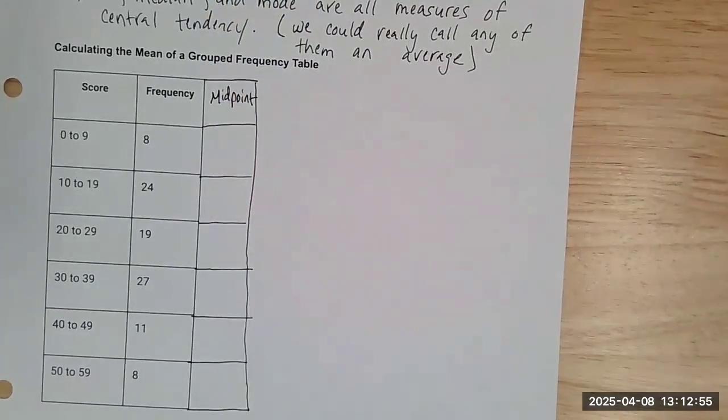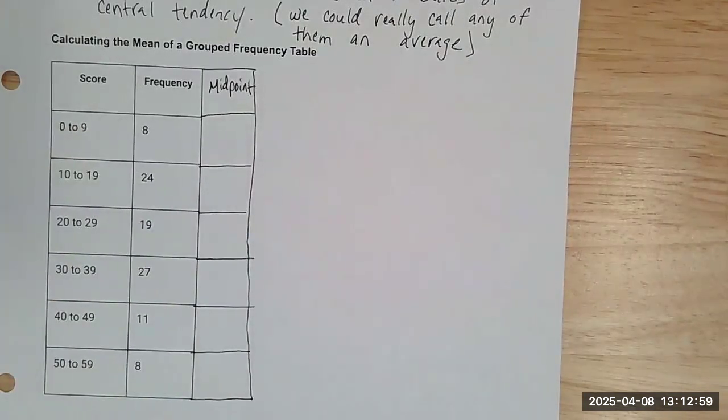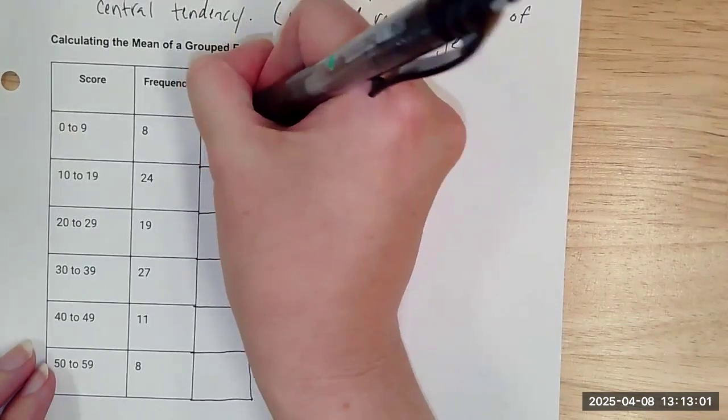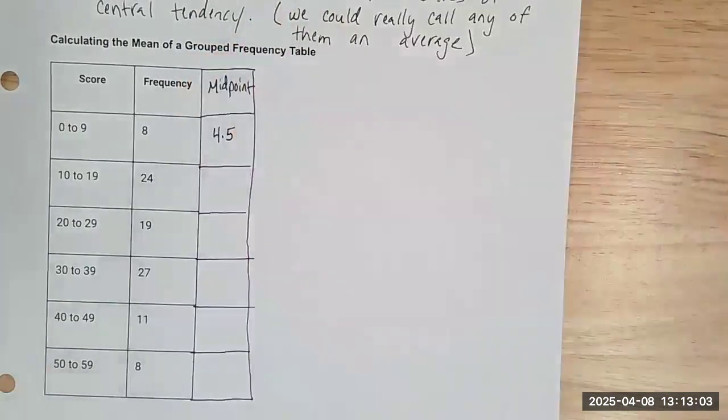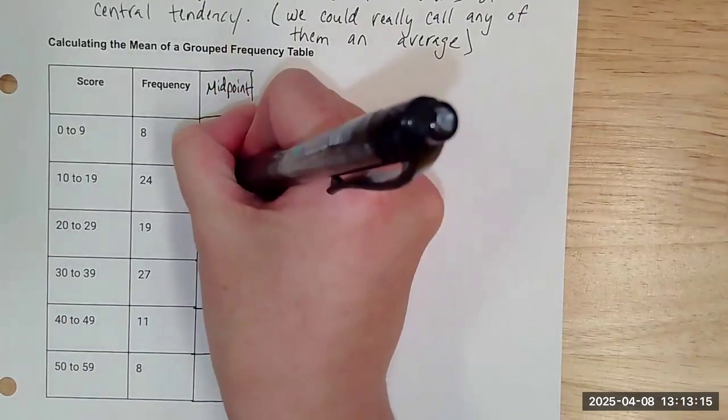So I need the midpoint between 0 and 9. That's going to be 4.5. And then the midpoint between 10 and 19 is going to be 14.5.